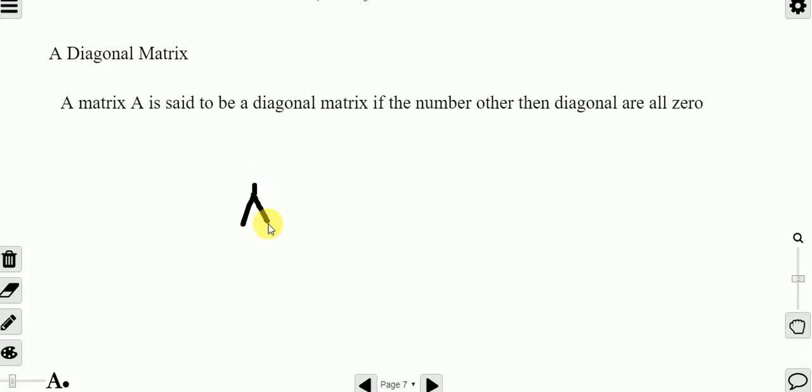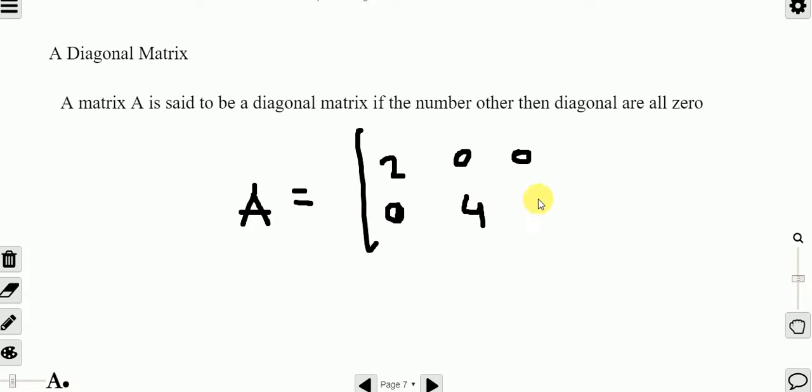Matrix A is equal to [2 0 0; 0 4 0; 0 0 1]. Okay, please look at the diagonal elements: 2, 4, 1. So all the diagonal elements are non-zero, but look at the non-diagonal elements, they are all 0.